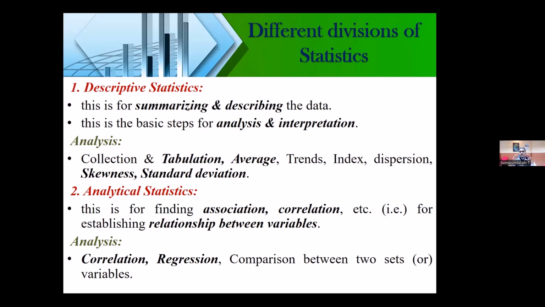If you want to summarize the entire data into a single table, descriptive statistics is a very important thing. With that single table, the editor, when you are sending your article to the journal, can understand who your target audience is, which category of people you are targeting. So for that, descriptive statistics is very important.